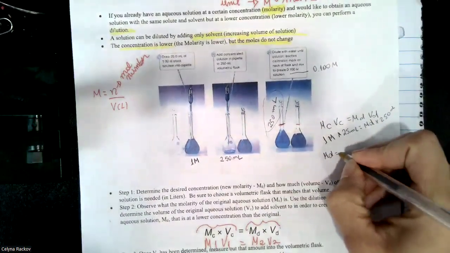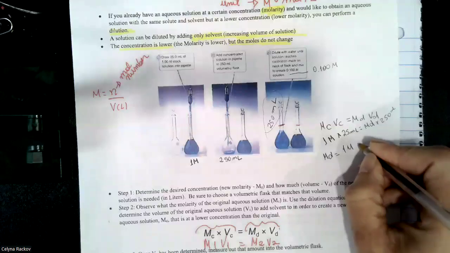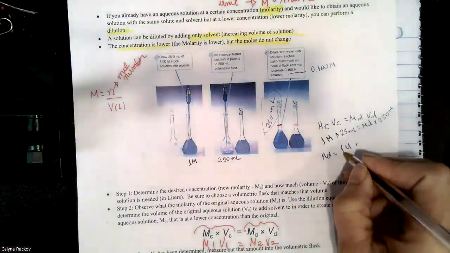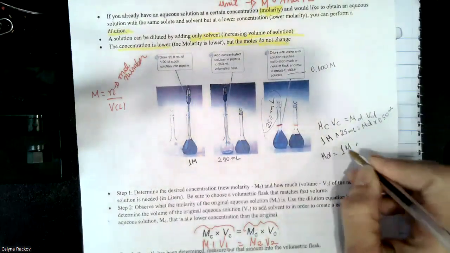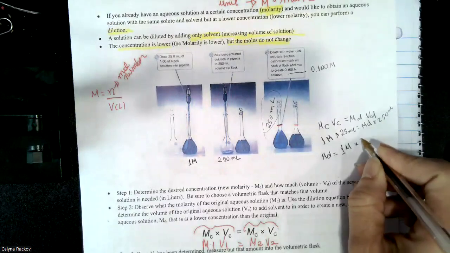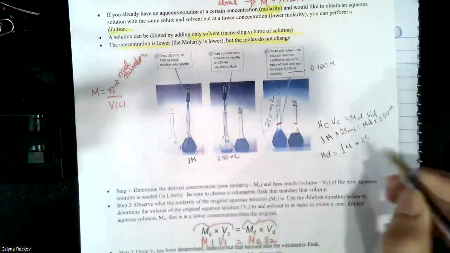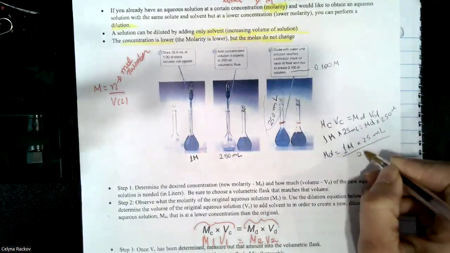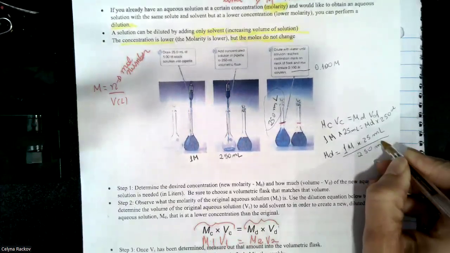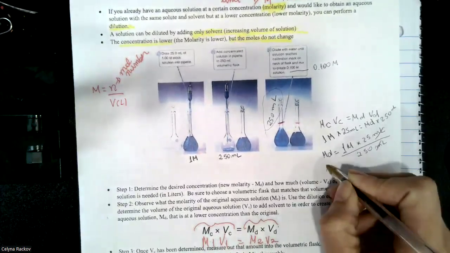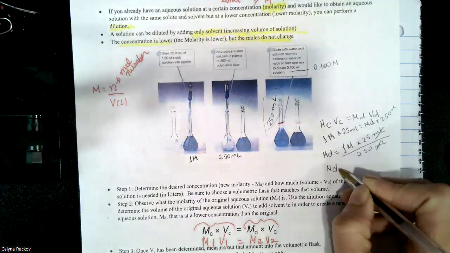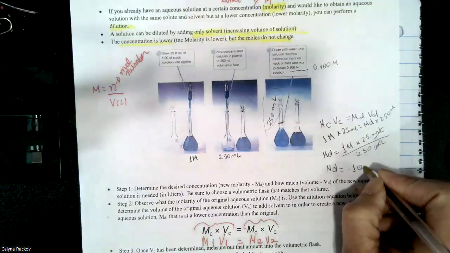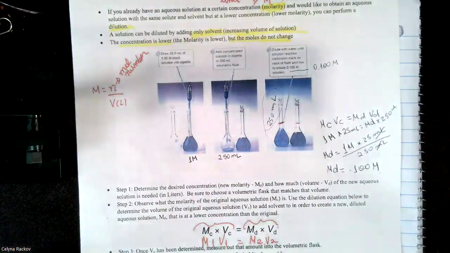So MD is equal to 1 molar times 25 milliliters divided by 250 milliliters. The concentration of the diluted solution will be 0.100 molar. Don't forget the unit.